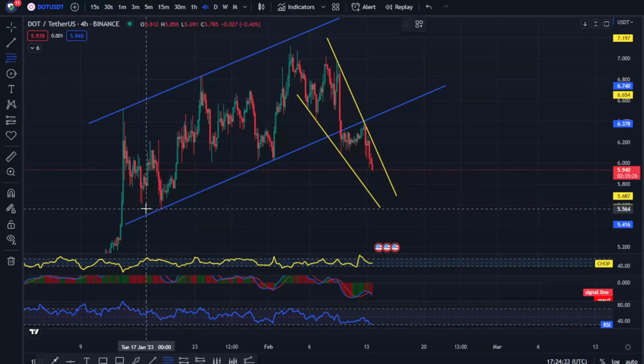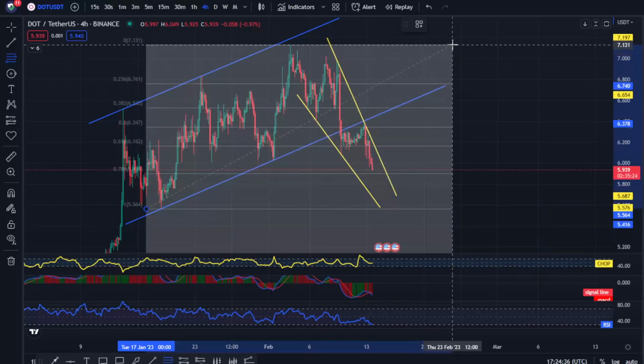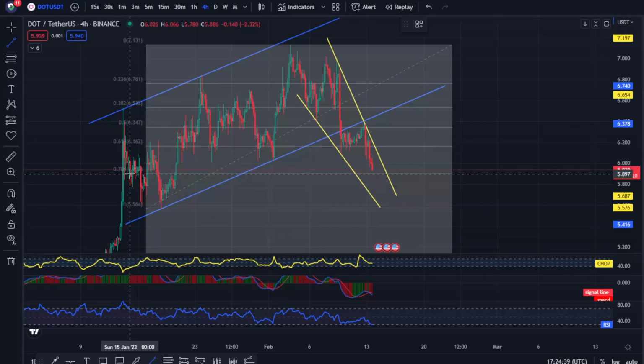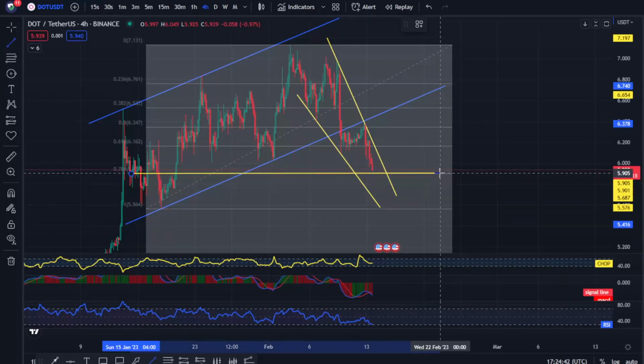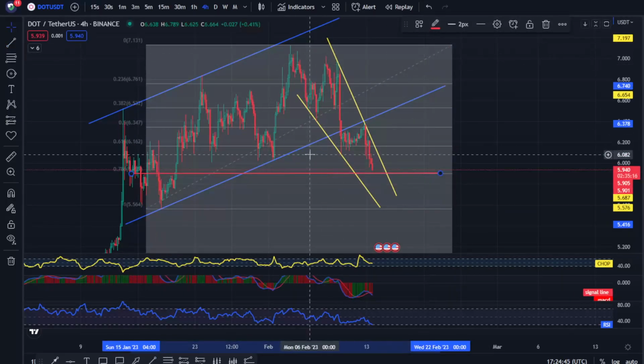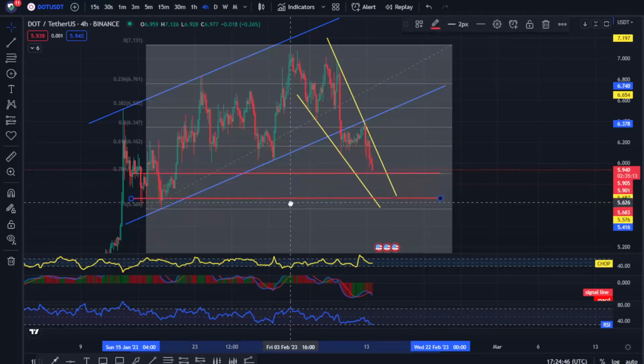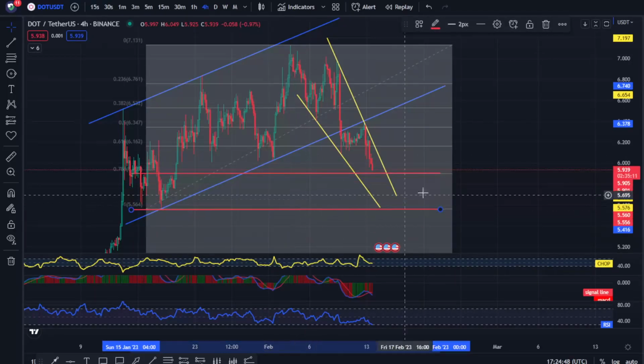Going further, we can move on to marking support areas in a situation where the correction is deepened. And here the first support is at $5.91, but when we go lower, the next support is at $5.56.